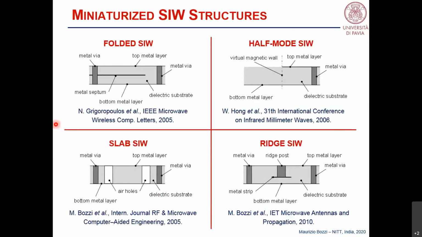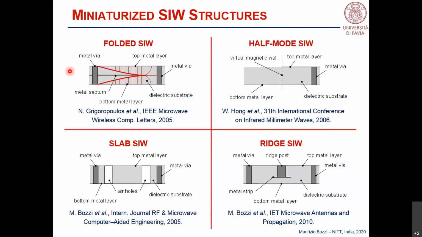So one possibility to reduce the size of SIW structures is using a folded solution, like a C-shape structure. In this case, you simply fold the SIW structure around the metal septum, and you get a field distribution like the one shown in the picture.